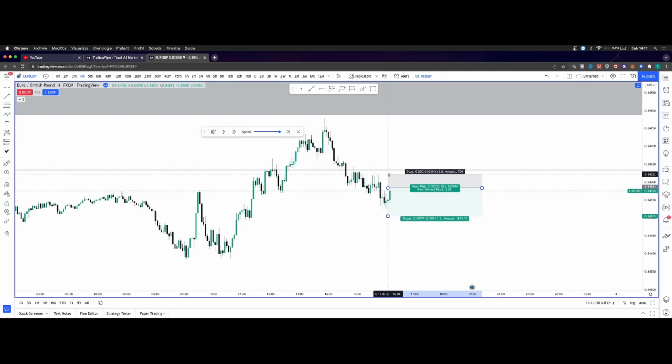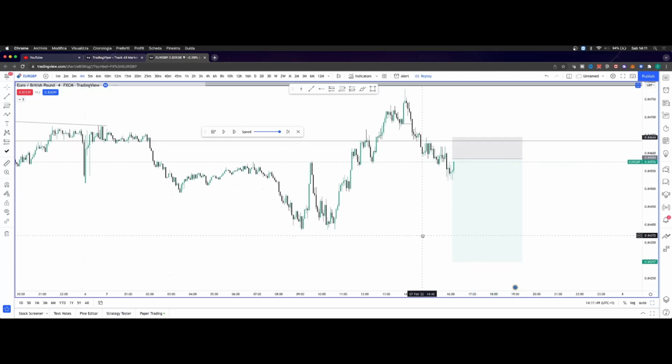This is an aggressive stop loss. This is a conservative one, so probably I will use this 6 pip stop loss. 1, 2, 5.